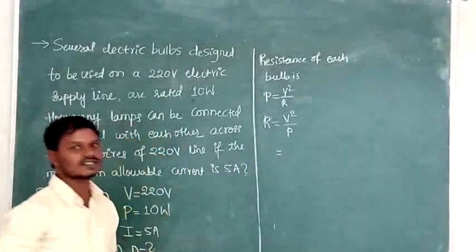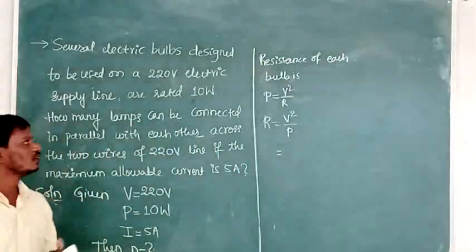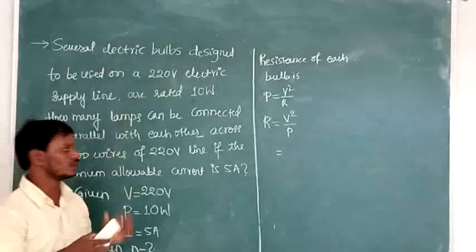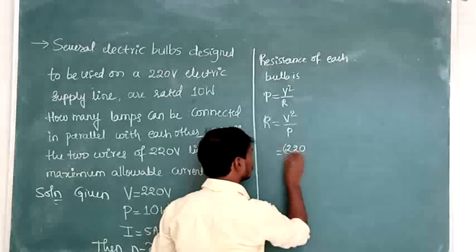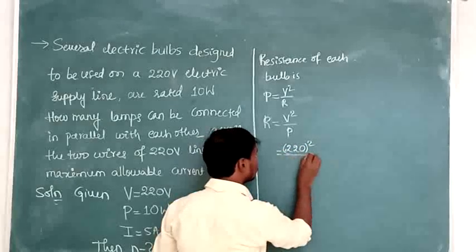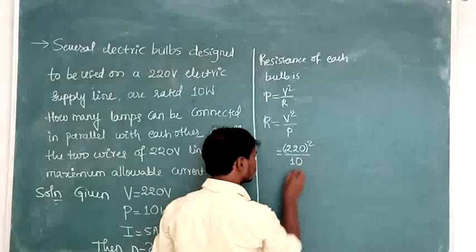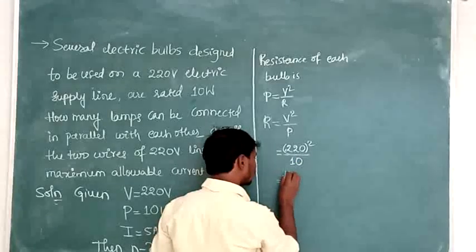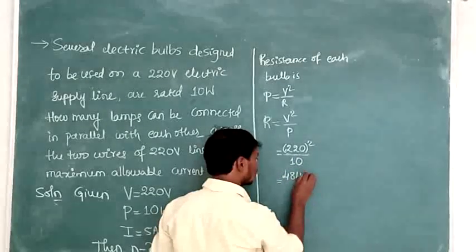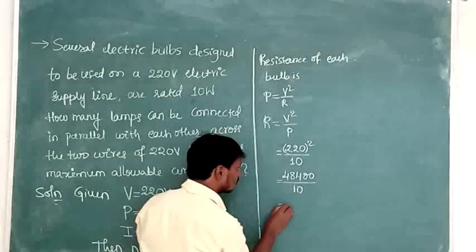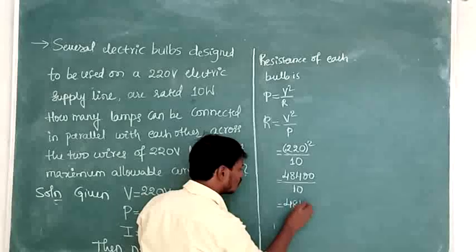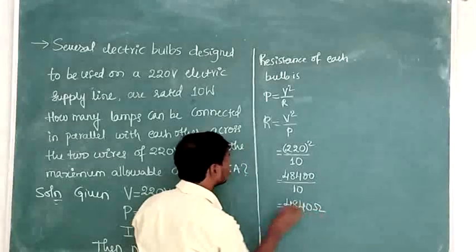On which voltage is this electric bulb operating here? On the voltage 220 volt. That is 220 volt square, means 220 square divided by the power of each bulb, that is 10 watt. Then 220 square is 48,400 divided by 10. So it is 4,840 ohm.